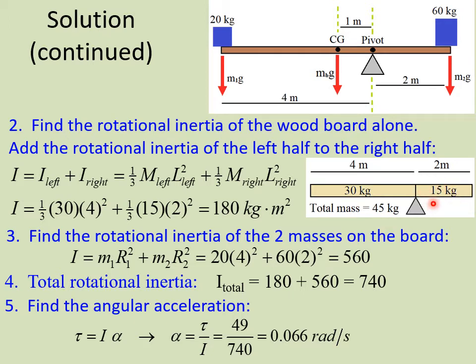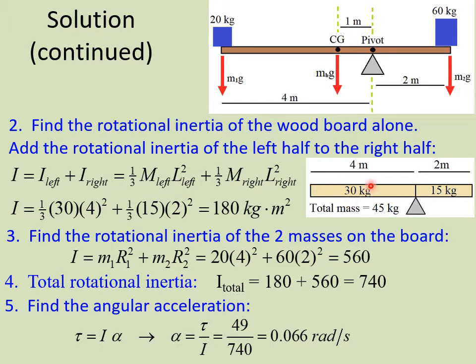The next thing to do is, again, we have to look at the table for rotational inertias of an object. This is basically a beam or a rod rotating about its end. So we're going to ignore this right part and just think about this piece sticking over here to the left. So we have 1/3 mass of the left times the length of the left squared. This is the formula I get from the table, 1/3 ml squared for a beam rotating about its end.